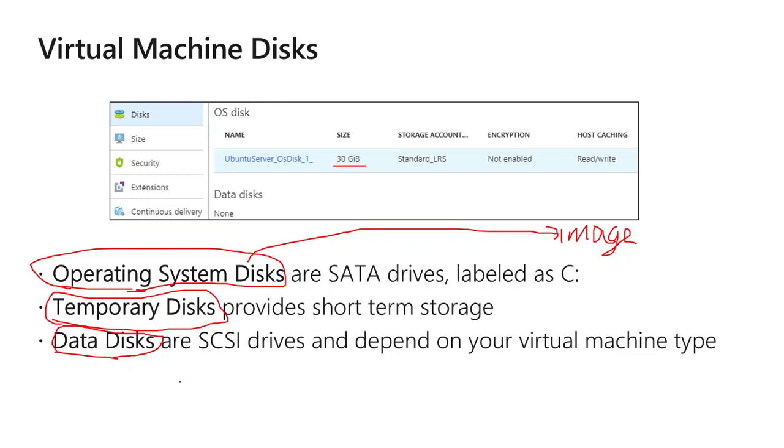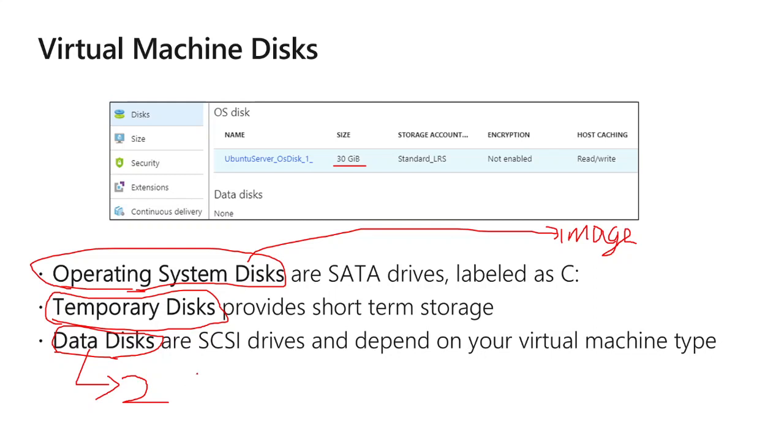All right. Next is the data disk. You can attach a number of data disks, but there's a limitation based on your virtual machine size. So if you have taken a DSV2 size virtual machine that supports a maximum of two data disks, then you can go for a maximum of two data disks.